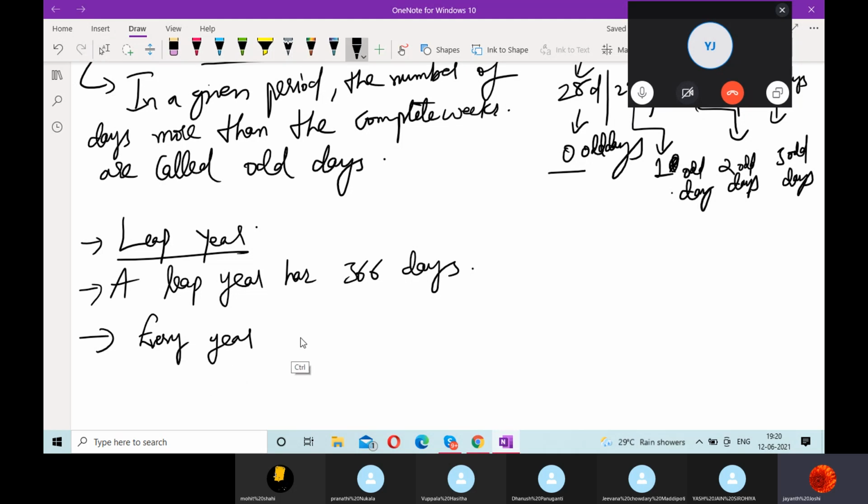Now, every year divisible by 4 is a leap year if it is not a century.